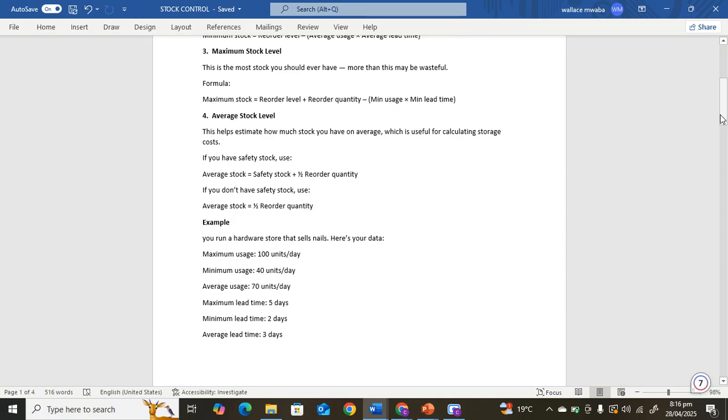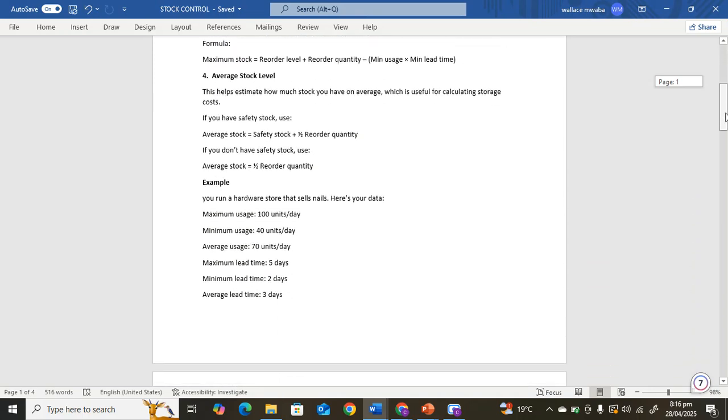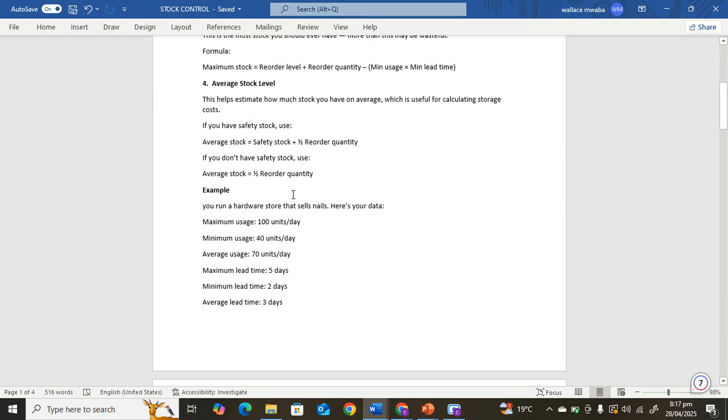Let me just recap the example that we did last time so that we see how we calculate these stock levels. So, a hardware store that sells nails. Nails are sold in packets, but sometimes they can be sold one by one. In this case, we'll say the nails are being sold one by one. You get a packet and you sell each nail individually.